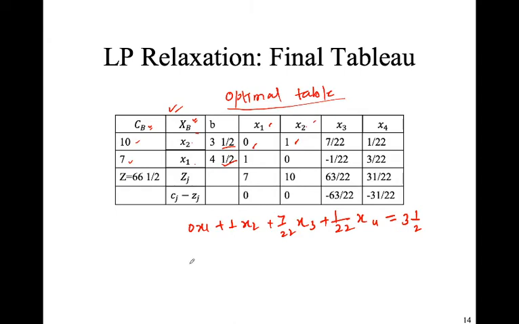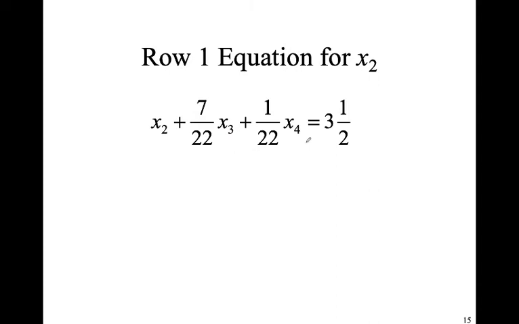Similarly, the next row can be written as x1 plus 0 x2 plus minus 1 by 22 x3 plus 3 by 22 x4, and this equals 4.5.